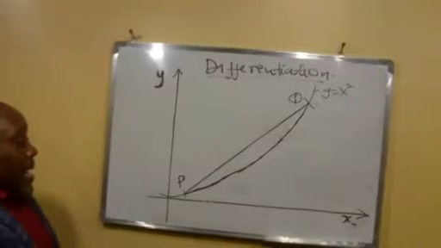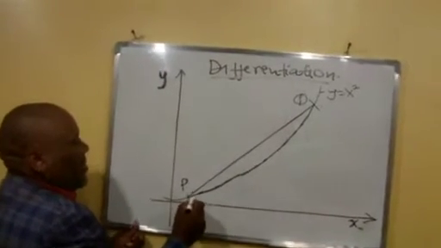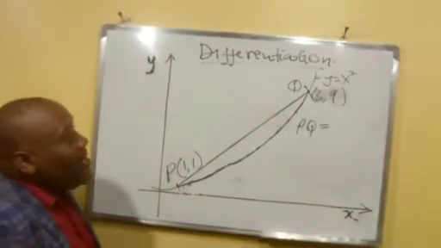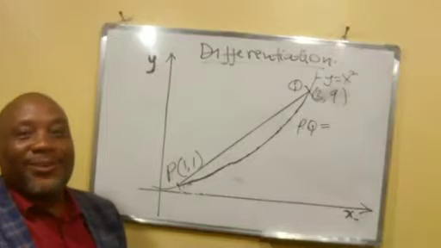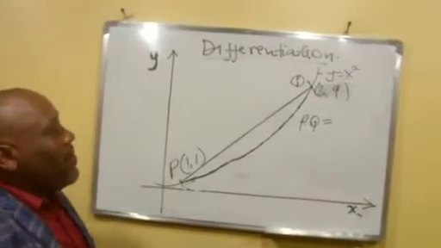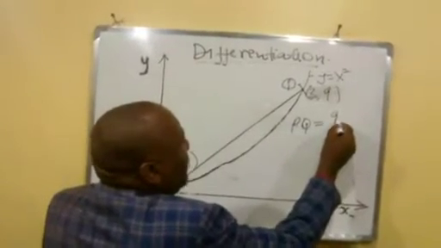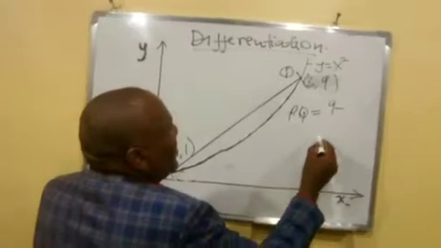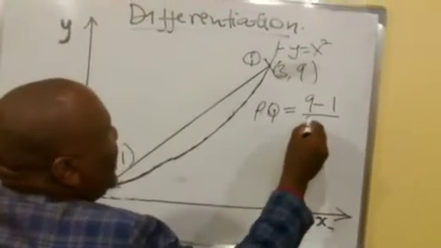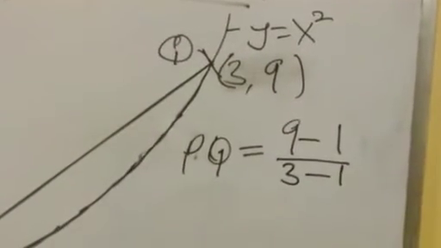Now the gradient will be 9 minus 1, all over 3 minus 1.